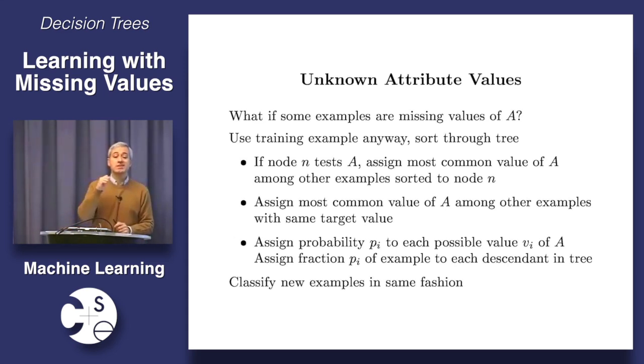But now what happens at classification time? Before, when we had no missing data, I had my example with its attributes. When I came to the next node, I always had the value of the example, so I knew how to route it. But now let's say I have my decision tree, and I'm trying to classify this new car, and I come upon color, and I don't know the color. So what do I do?